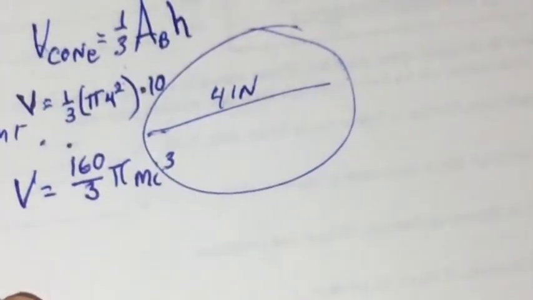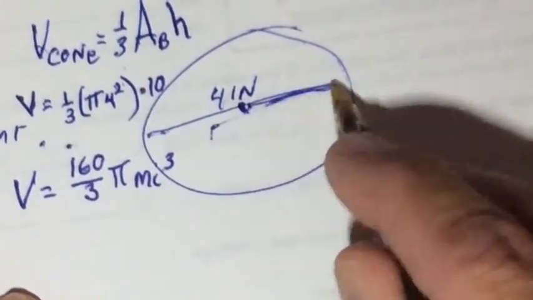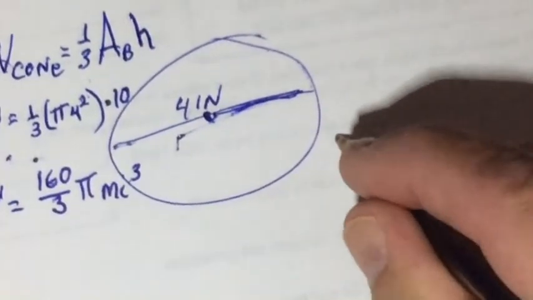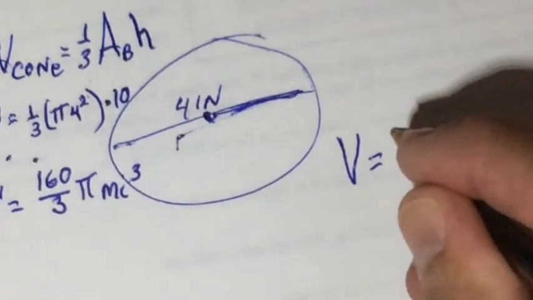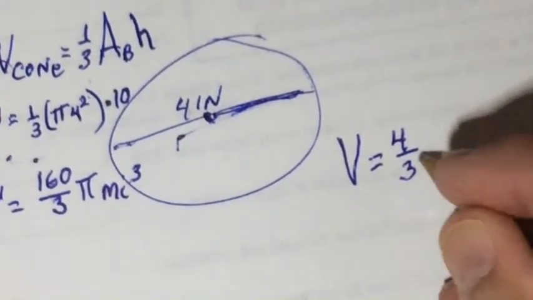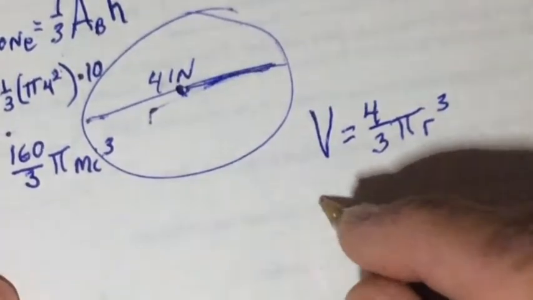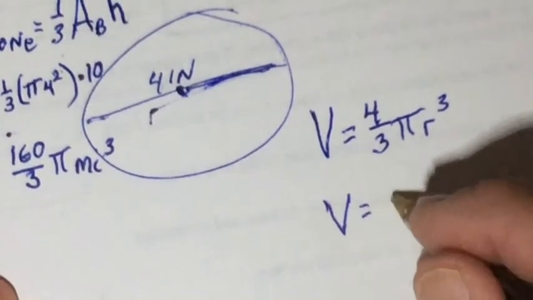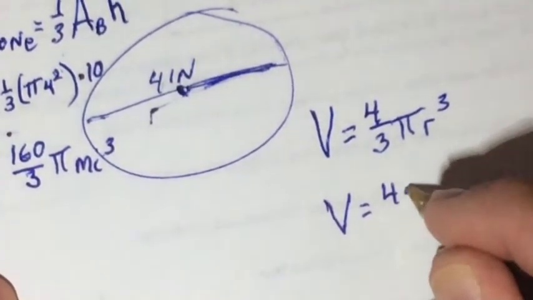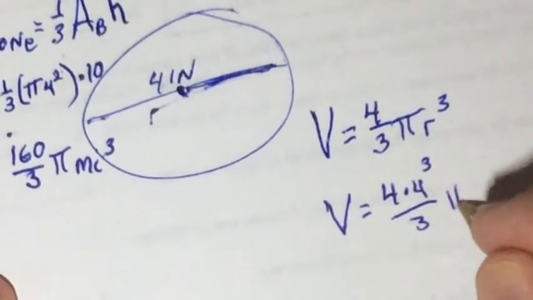For the sphere, again, you were given the diameter. What you needed was the radius. I believe the volume formula for this, and you have it, I think, is 4 divided by 3 pi r cubed. Isn't that it? Which makes the volume equal to 4 times 4 cubed over 3 pi.